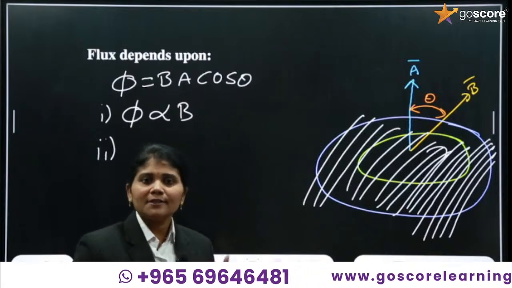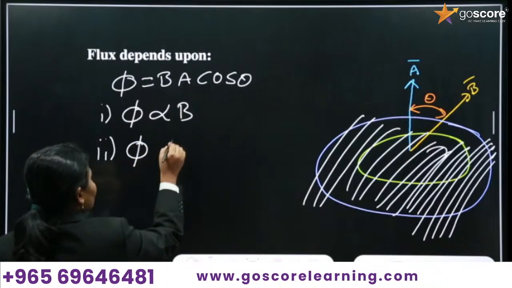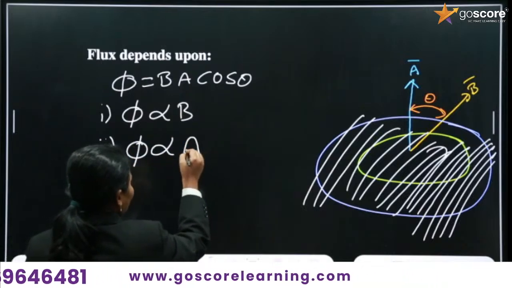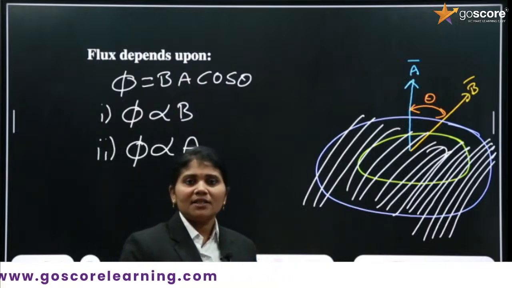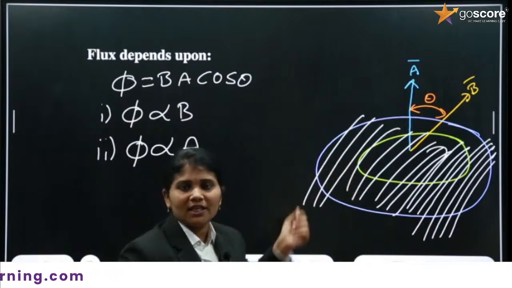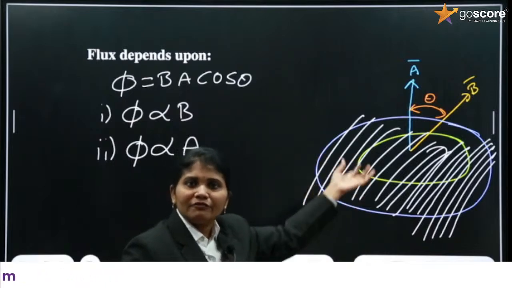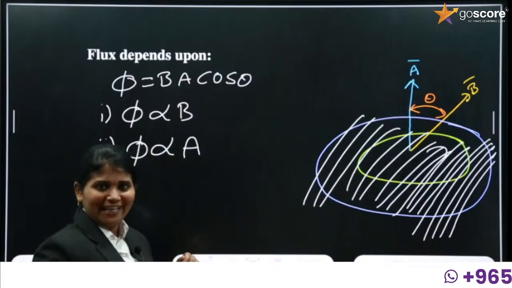Flux will be increased. It means flux is proportional to the area of cross section. When the surface area is increasing, the magnetic field lines passing through it increase. Automatically flux will be increasing.